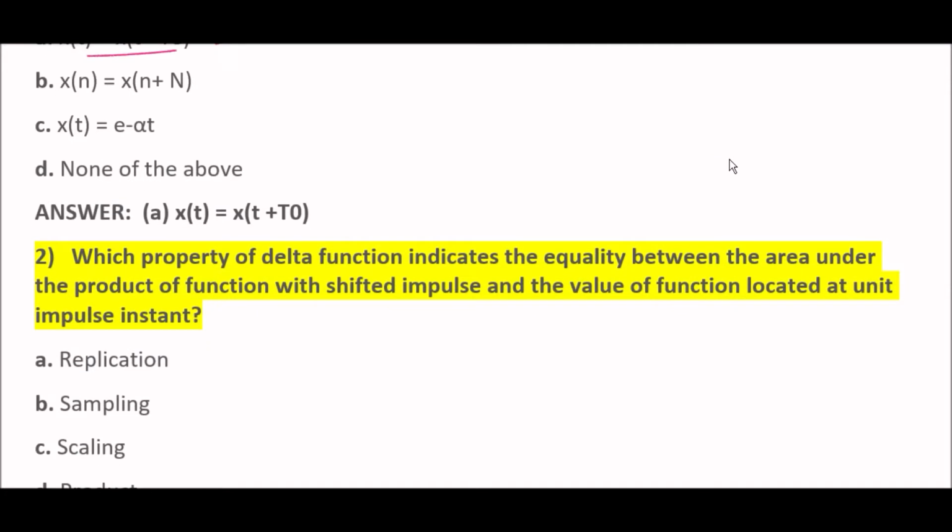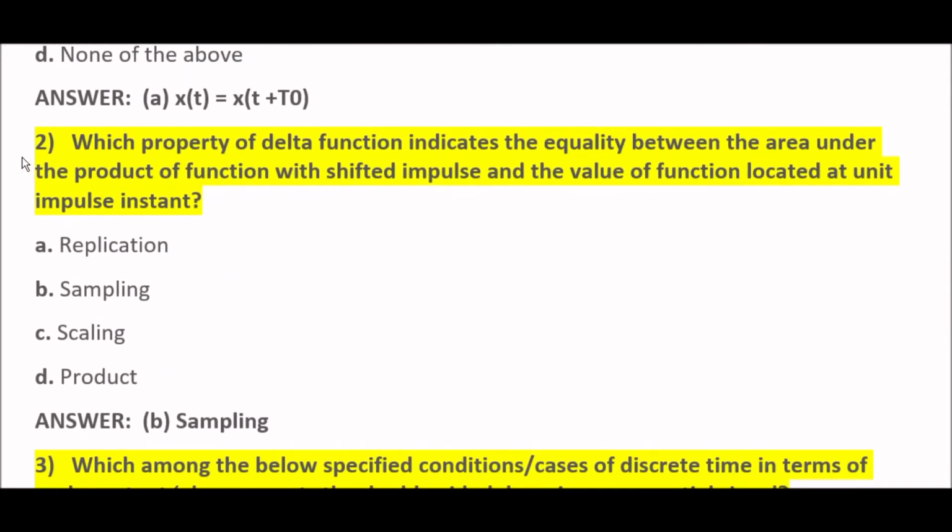Okay, next question. Which property of delta function indicates the equality between the area under the product of function with shifted impulse and the value of function located at unit impulse instant? Option A, replication. Option B, sampling.